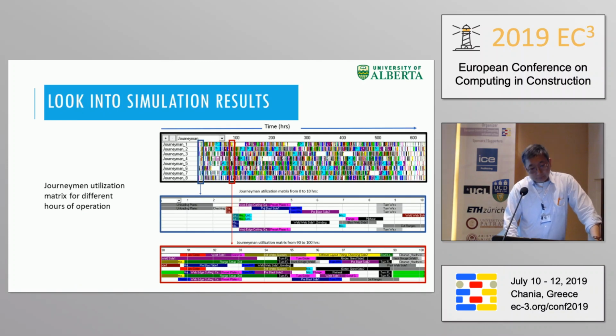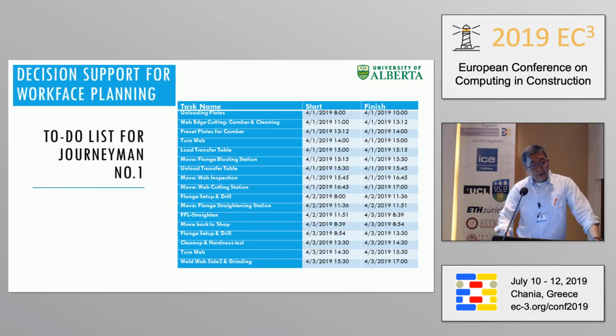Okay, but what's more important is that when we look into the simulation results, it can give us insight about this problem. On the top is a simulated bar chart for the trades, for the resource utilization. It looks a little bit messy, but this is the reality. This is why P6 doesn't help. But then we can simulate the bar chart for the detailed resource utilization and provide decision support for the workplace planning.